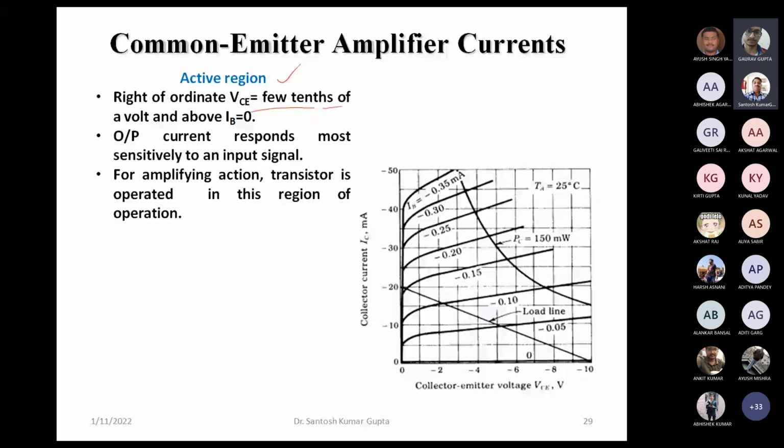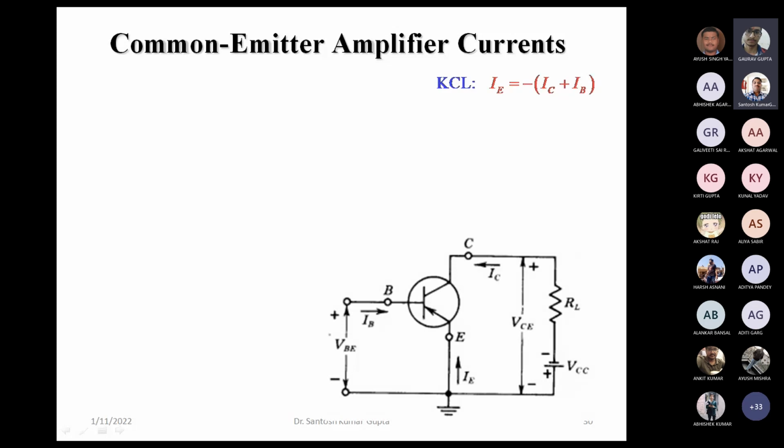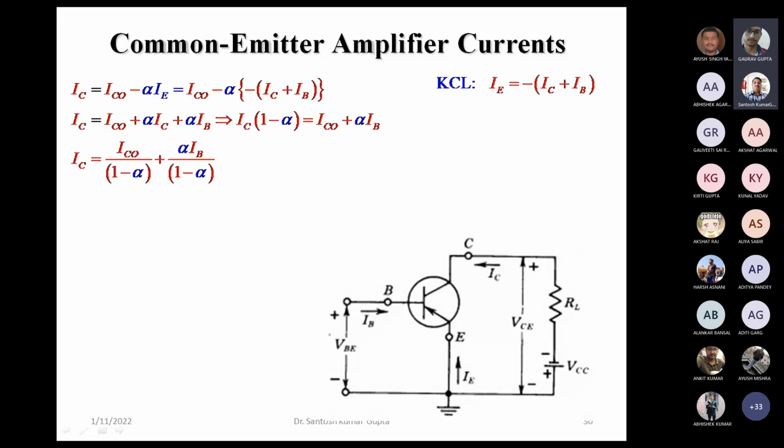For amplifying action, which we will consider in much more detail later, the transistor is used in the active region. We can work with some set of equations here to generate some relations for the common emitter configuration.